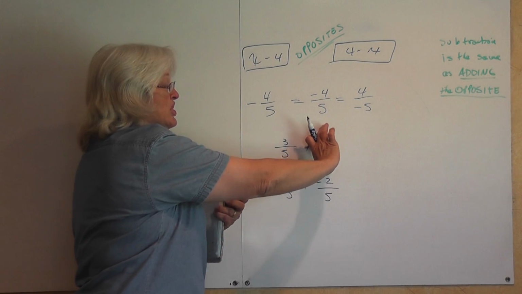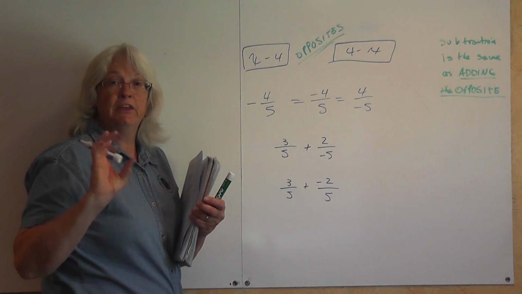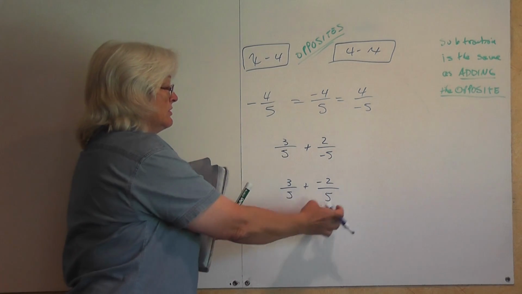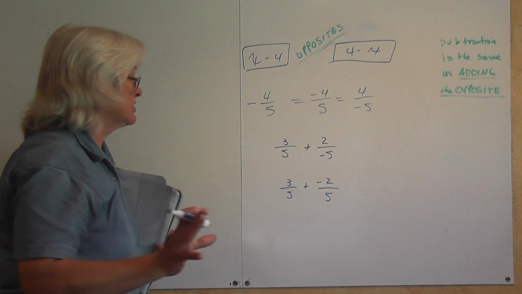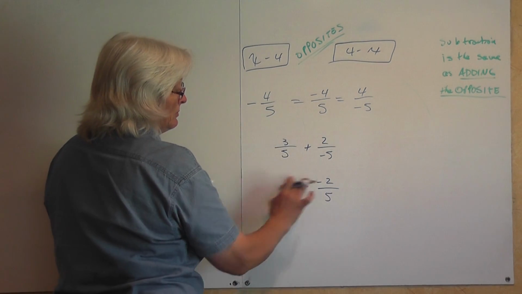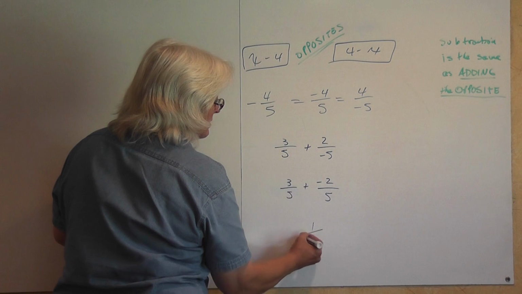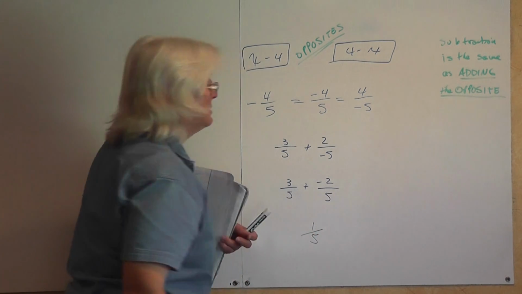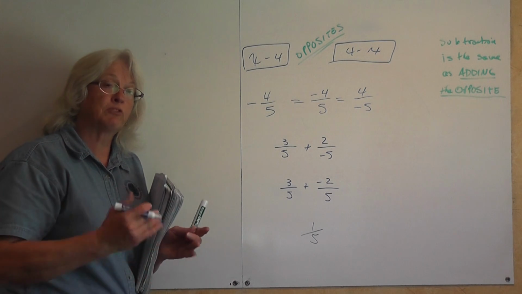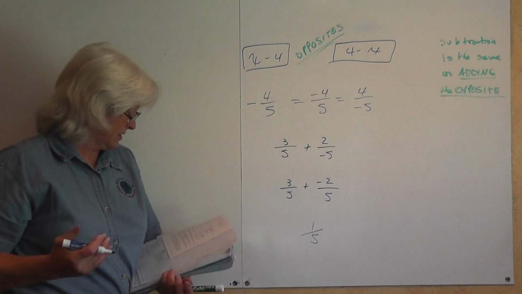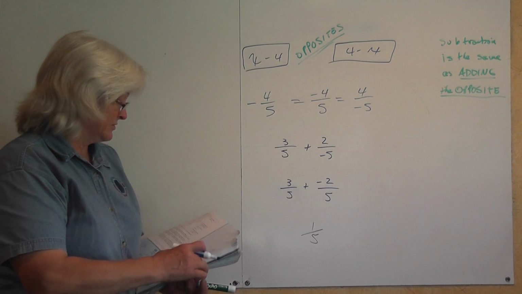You have not changed the value of this expression. You've changed the form of it, but you haven't changed the value of it. And now it becomes an easy problem. 3 plus a -2 is 1/5. Okay, and we're going to move on from there to what you can do with rational expressions.